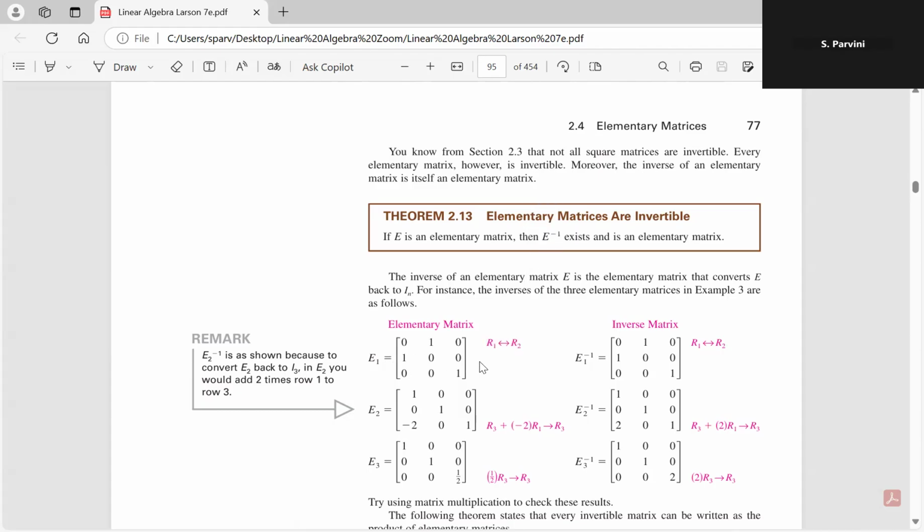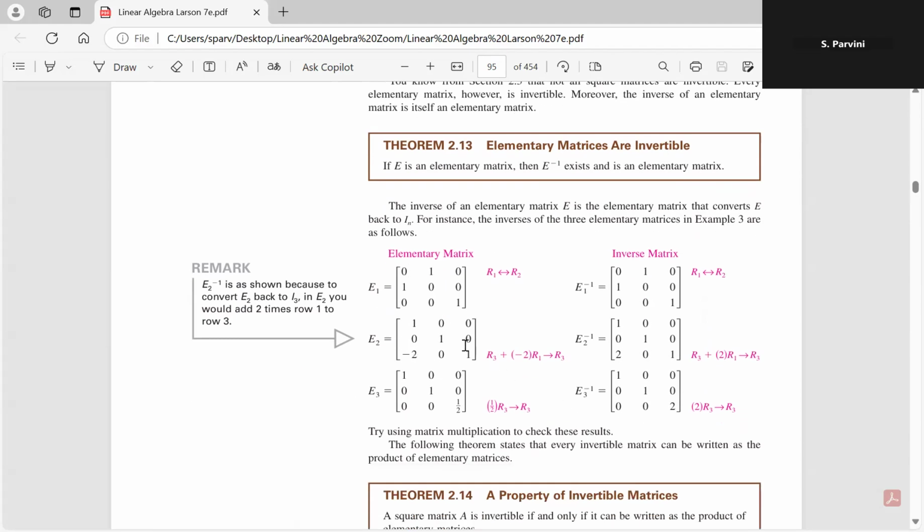Now, the inverse of this is like undoing it. When you go inverse of an elementary matrix, you kind of undo what you just did. So to undo, if you switch row 1, row 2, to undo that, don't you switch R2 and R1? So there you go. The inverse of this operation, the inverse of E1, is when you switch row 1, row 2 of the identity matrix here. Look at this one.